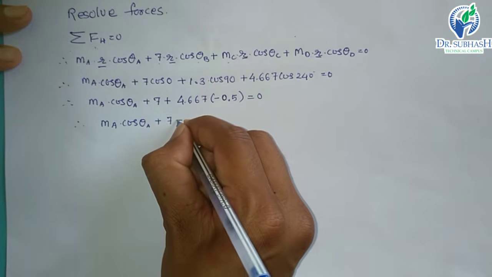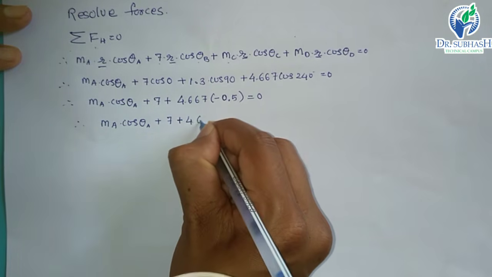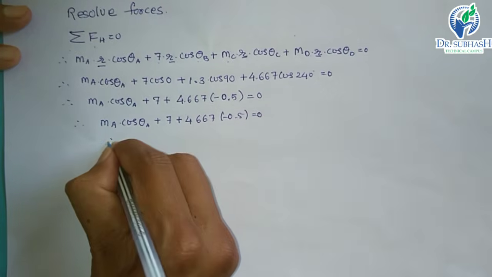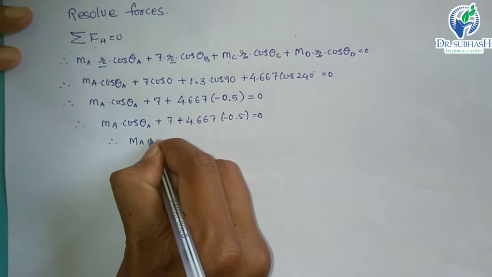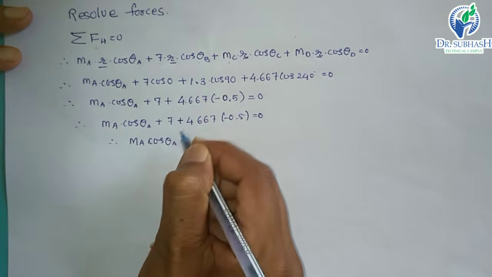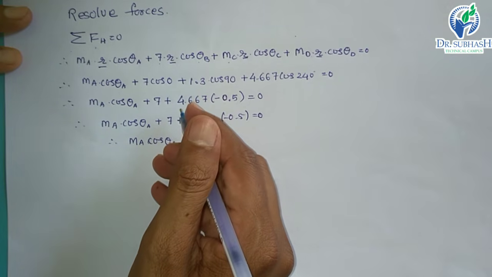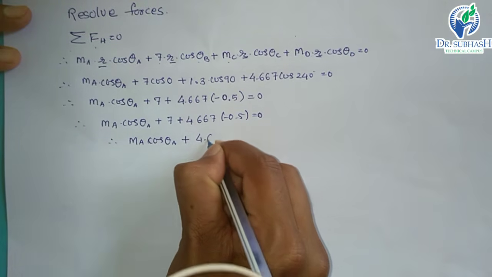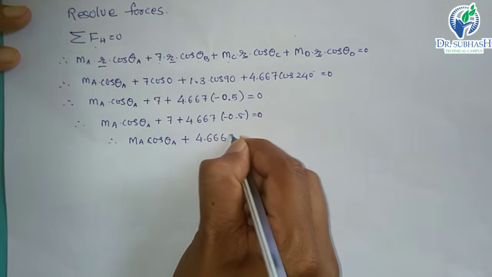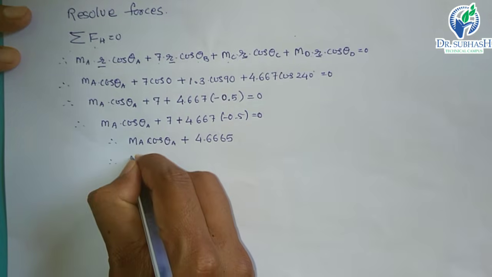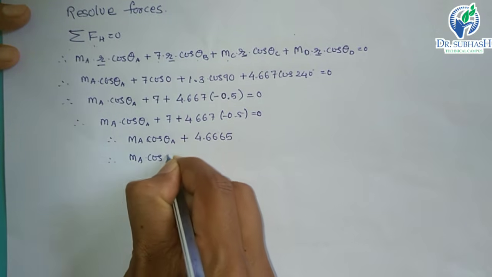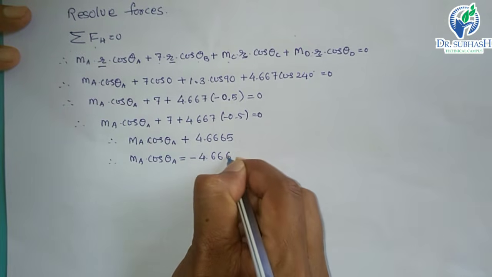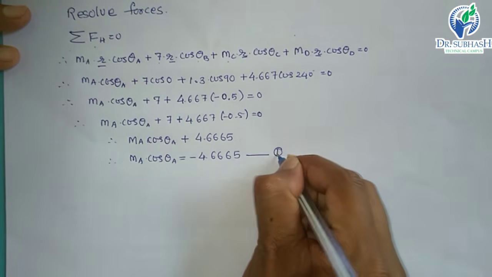If we simplify this equation, then we get ma into cos theta a is equal to minus 4.6665, and this is our equation 1.